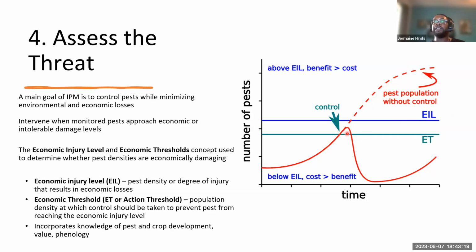And so if you didn't come in here with a control, this pest would have skyrocketed into the economic injury level. And so above this economic injury level, the benefit of your control is going to be more valuable than the cost. So you want to control here. But below this economic injury level, the cost is not worth the benefit.